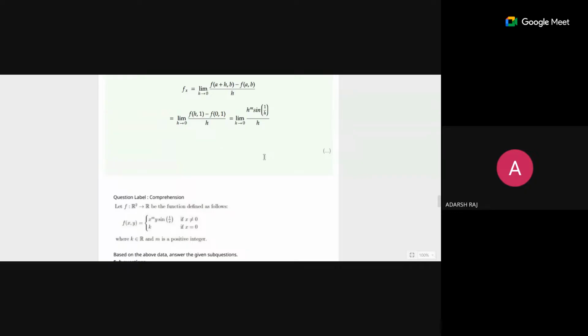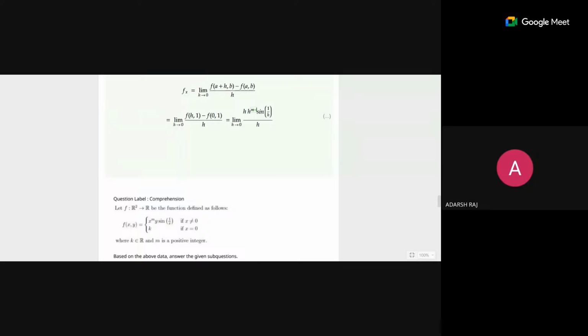So can I write this function like this, h into h to the power m minus 1? Yes, sir. You have to take h squared because in the denominator we want 1 by h.